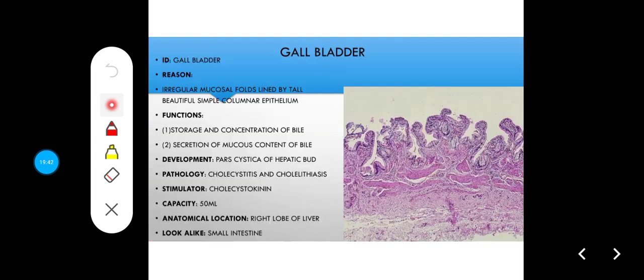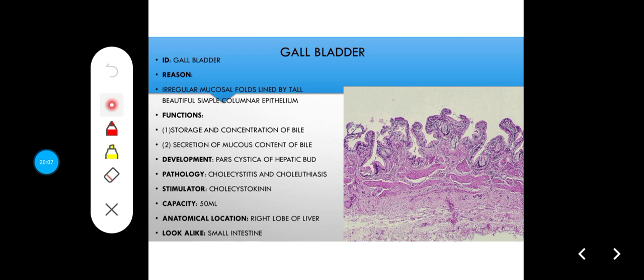Now, the next accessory organ of digestion is the gallbladder. So let's read the side notes. The reason for identifying the gallbladder includes the irregular mucosal folds lined by tall simple columnar epithelium. The functions are storage and concentration of bile, and secretion of the mucous contents of bile.